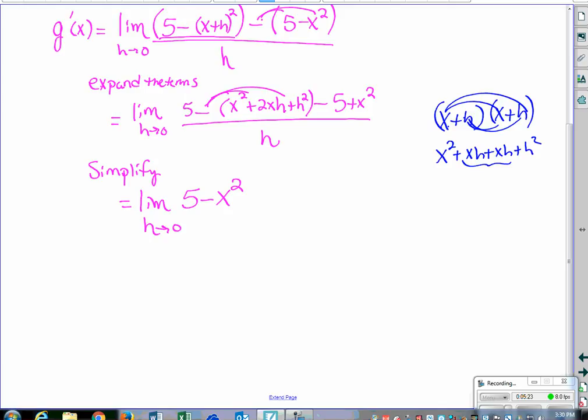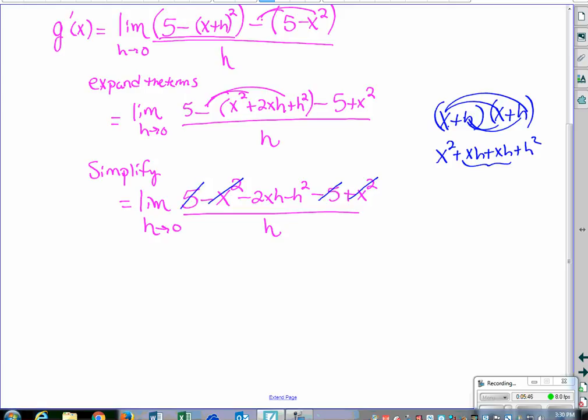I get negative x squared, a minus 2xh, a minus h squared, and then I have a minus 5 plus x squared divided by h. Still in the simplifying mode, I have an x squared and a negative x squared. That adds to 0. And a positive 5 with a negative 5, that makes 0.